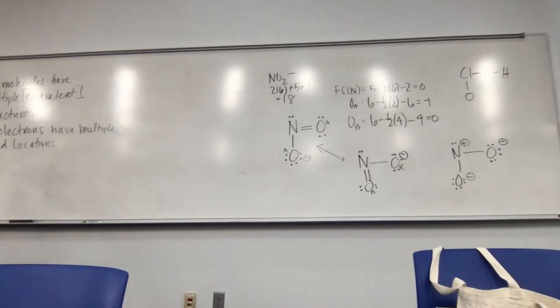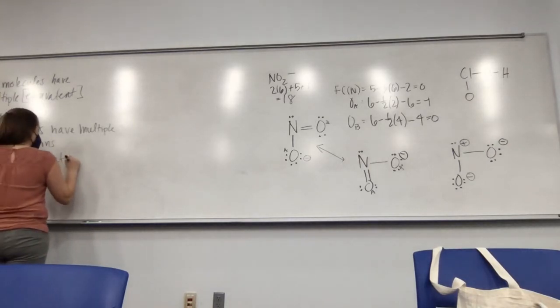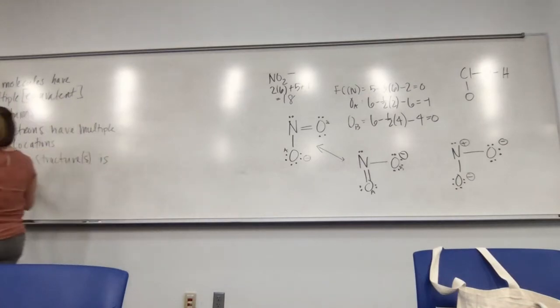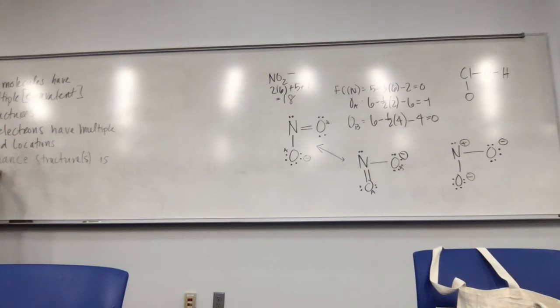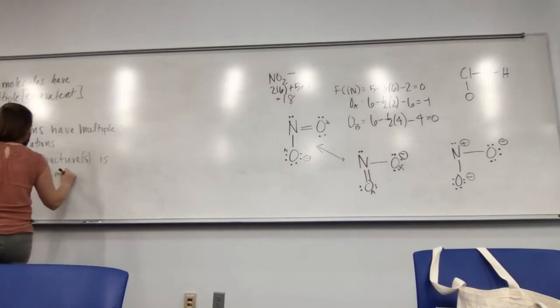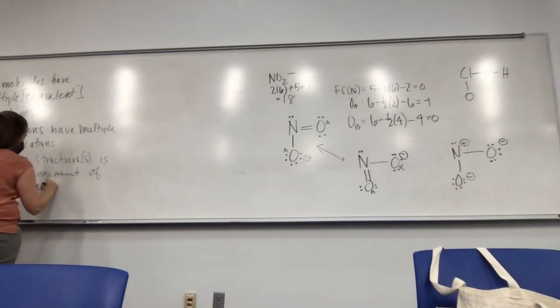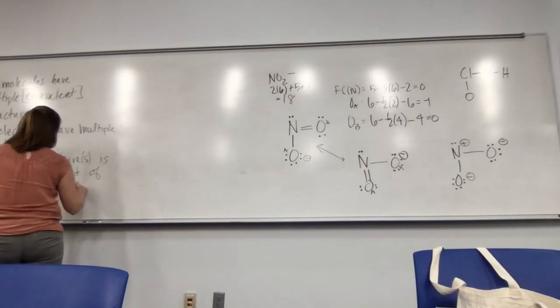So, a resonance structure or structures is a visual arrangement of the different electron locations.